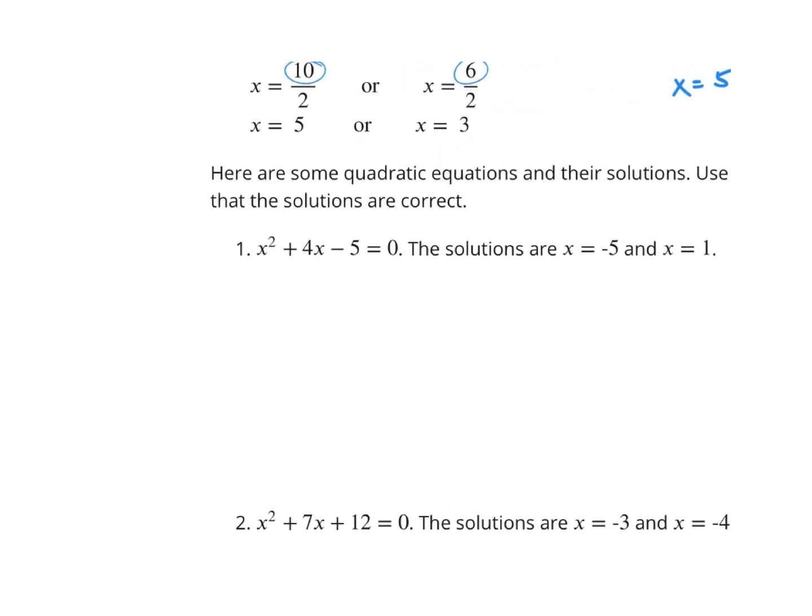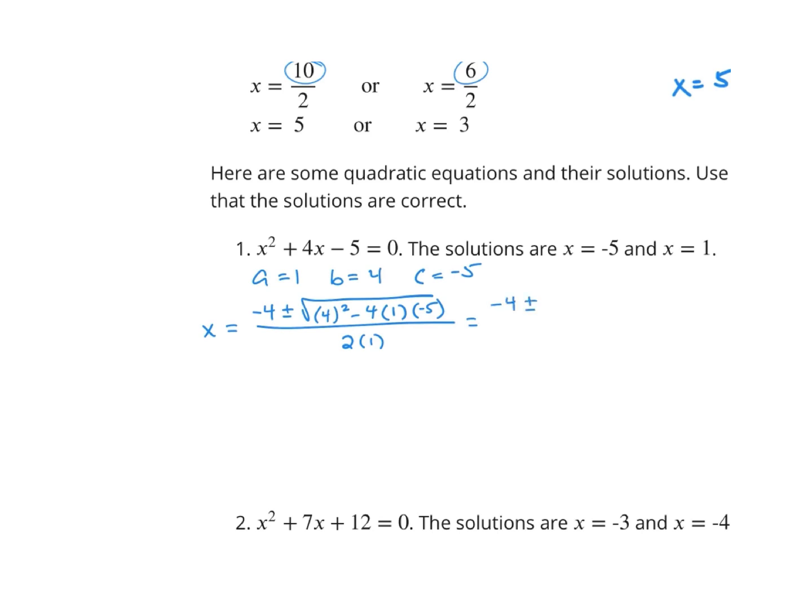So here, my a is 1, b is 4, and c is negative 5. So I'm going to plug in. I have negative 4 plus or minus the square root of 4 squared minus 4 times 1 times negative 5, all over 2 times 1.